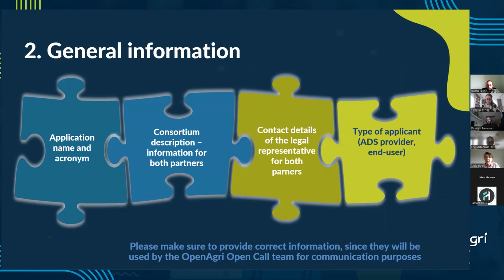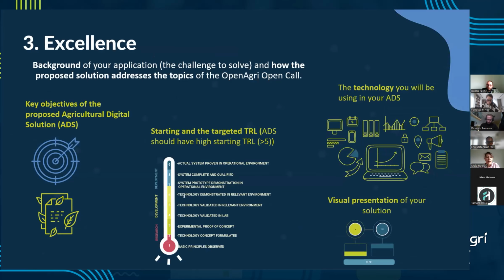Please make sure to provide correct information because it will be used for communication in future activities. If you provide a wrong email address, we will not be able to reach you, and you might miss important deadlines, which means you will be discarded because we cannot reach you.